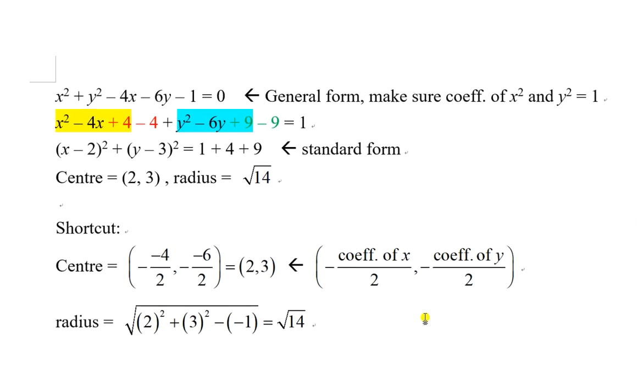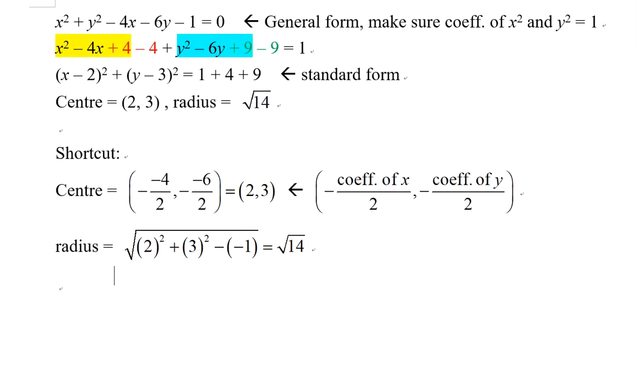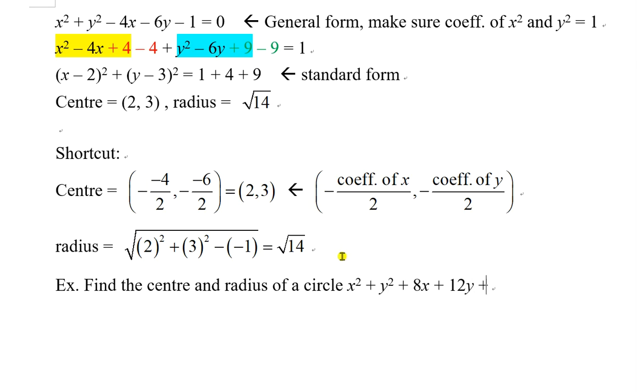Okay, now I try the quick example. Find the center and radius of a circle x squared plus y squared plus 8x plus 12y plus 4 equal to 0.